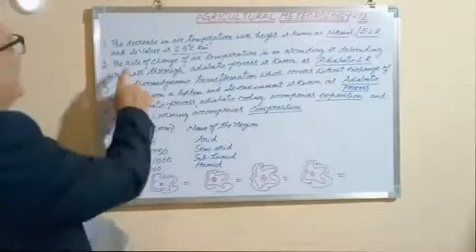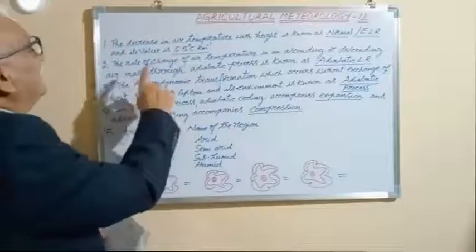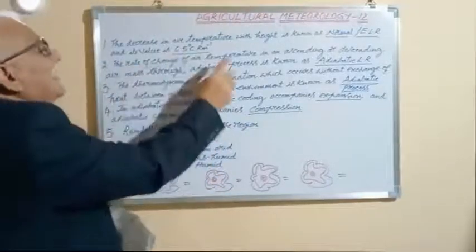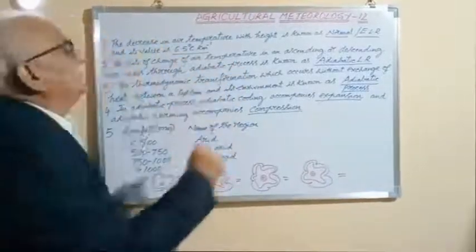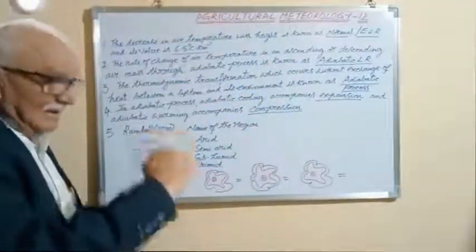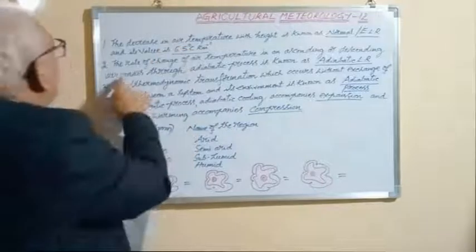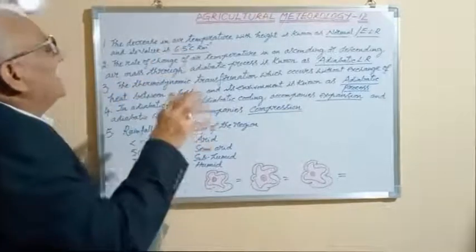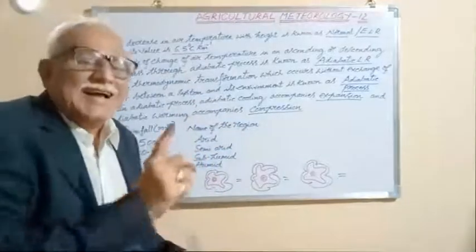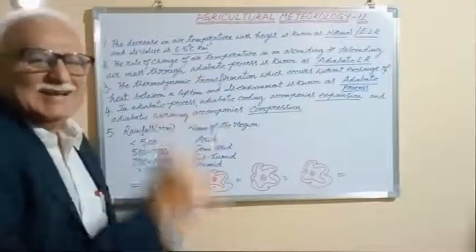Now, the second bit: the rate of change of air temperature of the atmosphere in an ascending or descending air mass through an adiabatic process is known as adiabatic lapse rate. Ascending or descending, that's it.